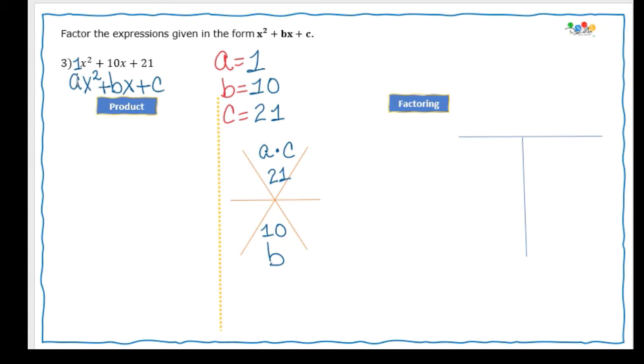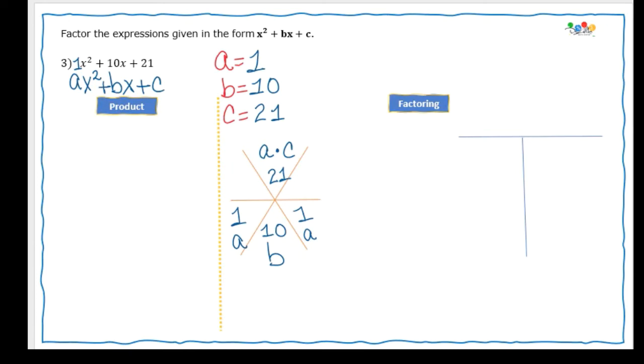So the next thing that I need to do is know who is going to go on the lower sections. Anybody remembers? It is a. So my coefficient goes right on the spaces. Now in order for me to find the numbers that go on the other two empty spaces, I will need to do the T, which is right on the side.